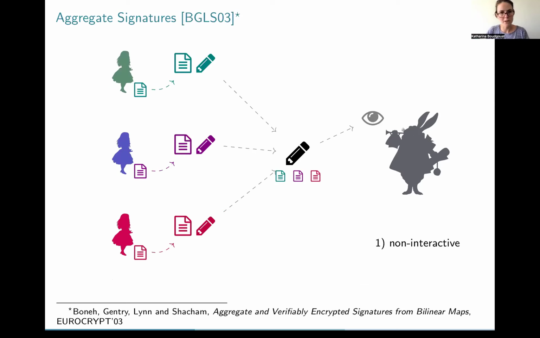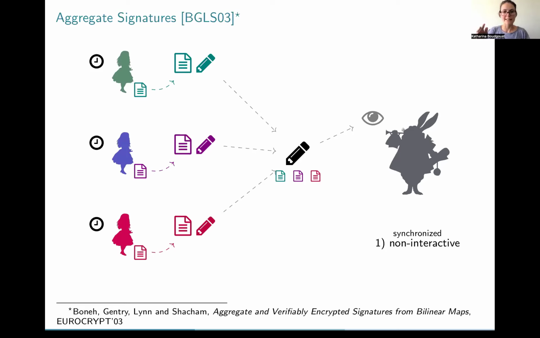There are different models that we distinguish. The original model introduced by Boneh and co-authors is non-interactive. That means that the three Alices produce their signatures independently, and then there's some aggregation procedure that can mix those three signatures into a single signature. We sometimes also call this public aggregation because it doesn't need any secret key material.